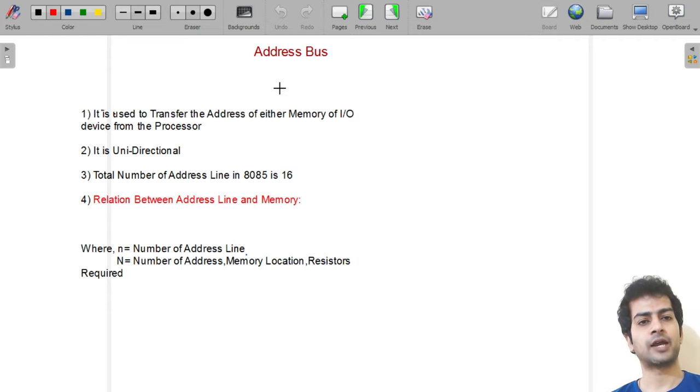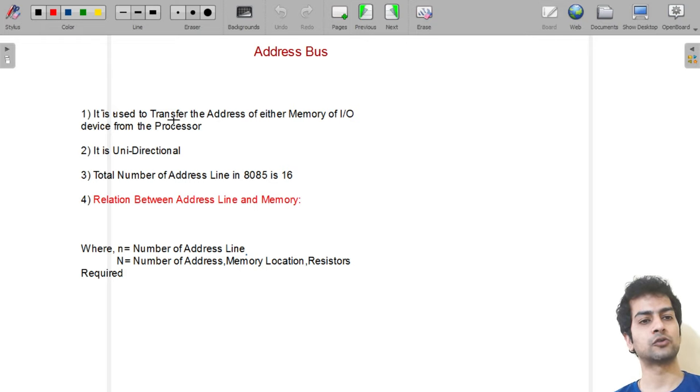So we have discussed it before also, that the addresses, be it for input device, be it for output device, be it for memory, addresses are always generated from the microprocessor for peripheral devices. So we can define it.